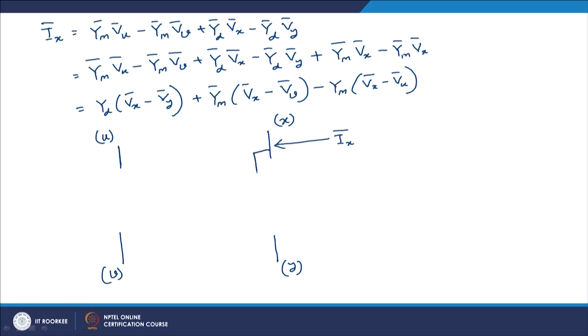One current is Yd into Vx minus Vy, second is Ym into Vx minus Vv, third is minus Ym into Vx minus Vu.